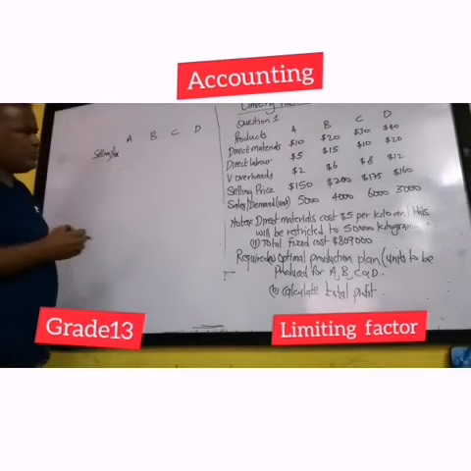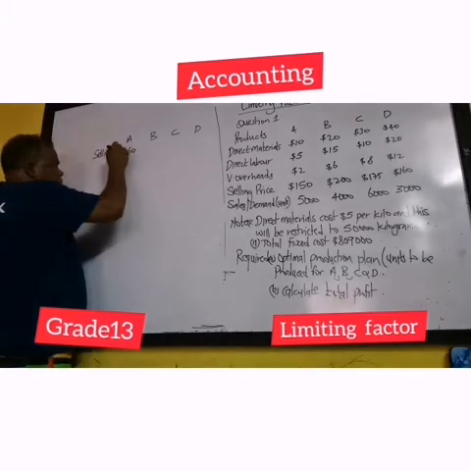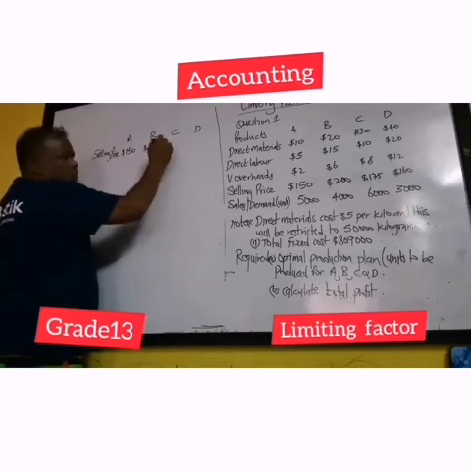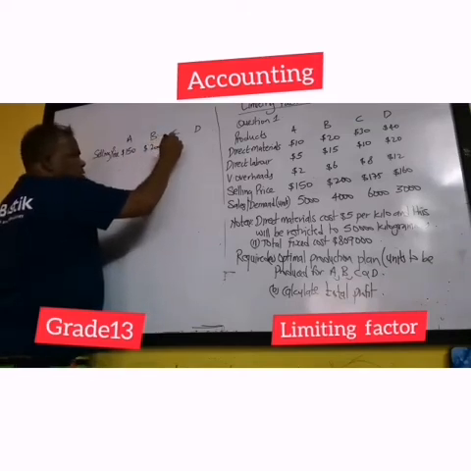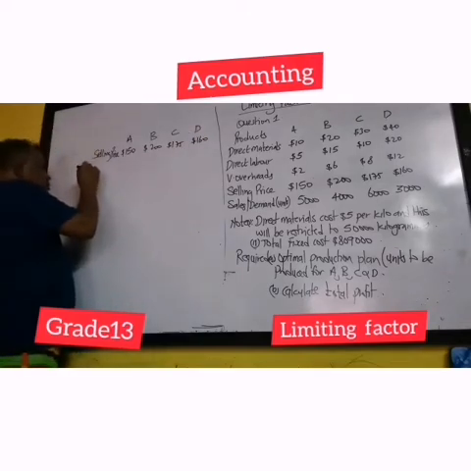For product A, selling price 150, and then 200, and then 175 and 160. Less variable costs.